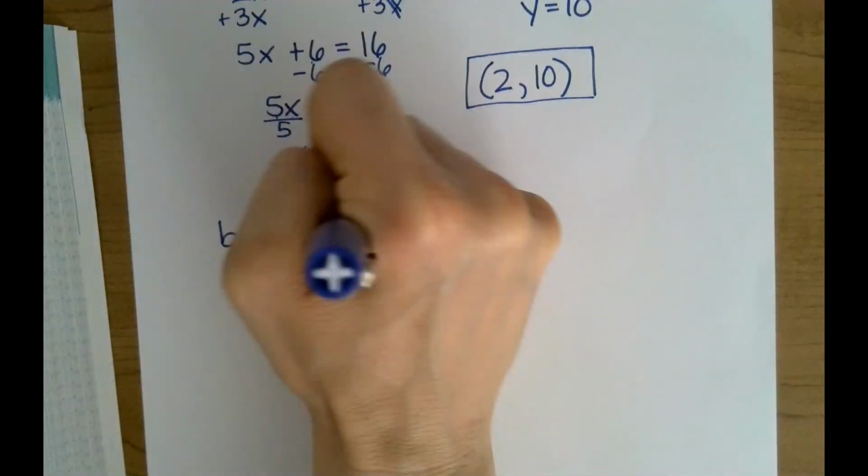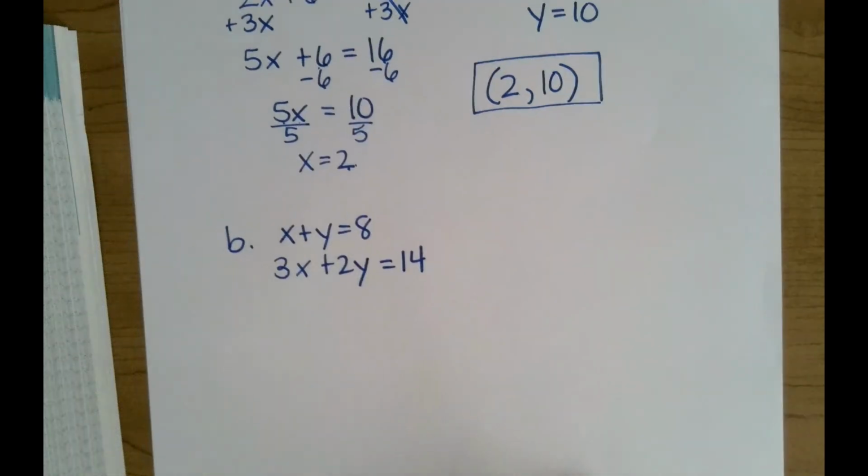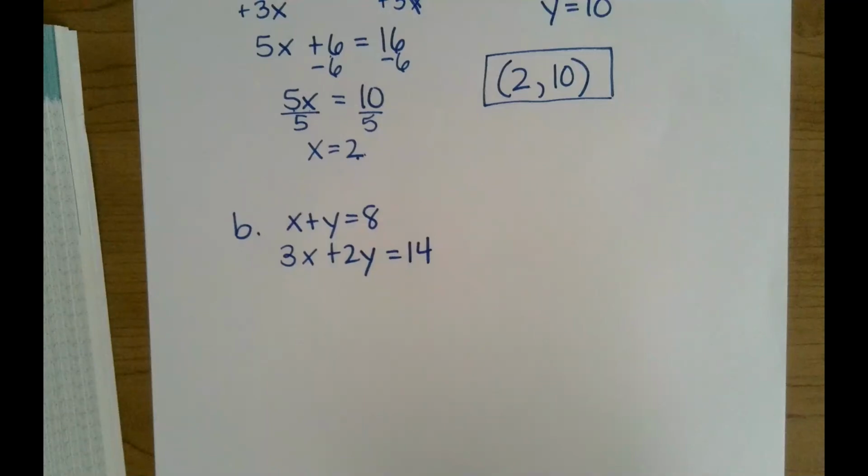All right, then for B, x plus y equals 8, 3x plus 2y equals 14. So in this case, if I look up here, x and y do not have coefficients.